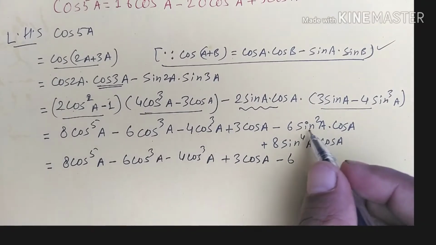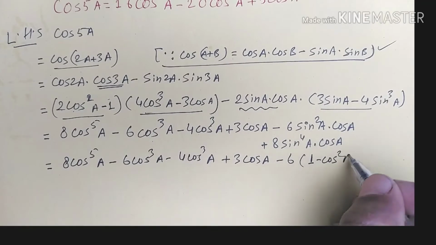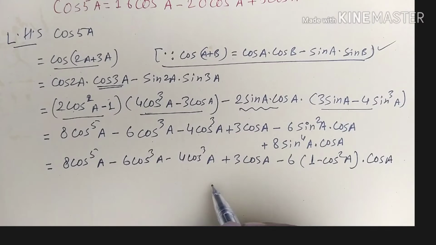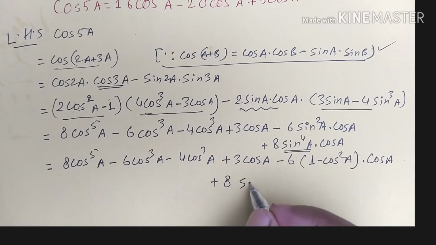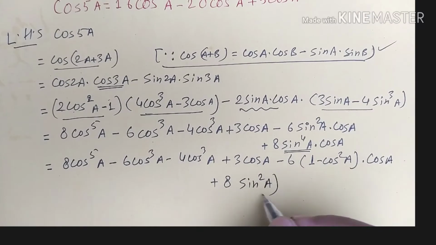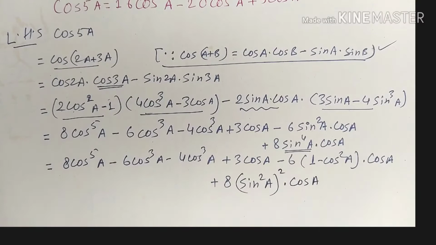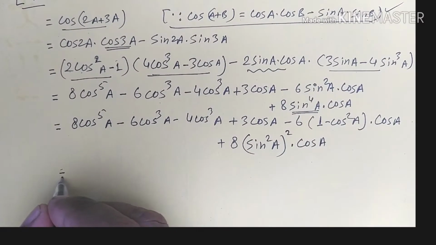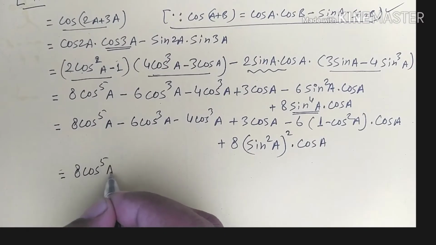Now this sin square can be written in the form of 1 minus cos square a dot cos a. Similarly, this plus 8 sin power 4a can be written as the whole square of sin square a, and cos a is written as it is, equal to 8 cos power 5a minus.